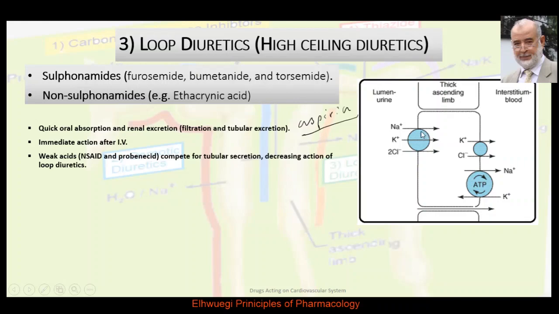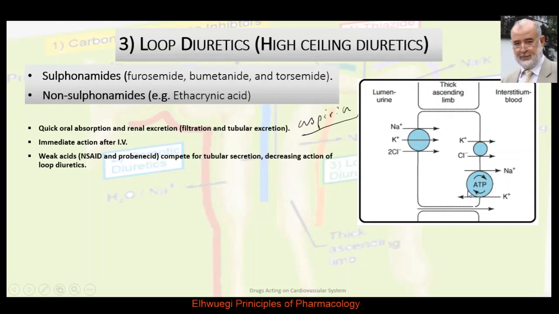So sodium, potassium, and chloride are transported into the cell, and then they are transported either passively through a specific transporter for potassium and chloride, or actively through sodium-potassium ATPase for sodium.